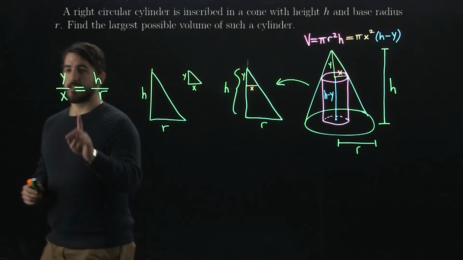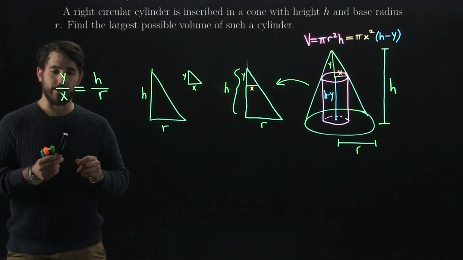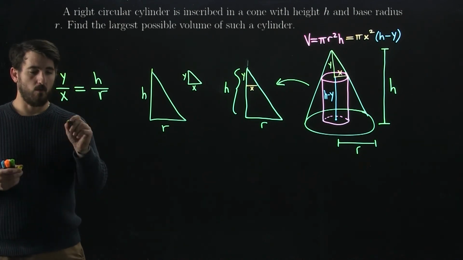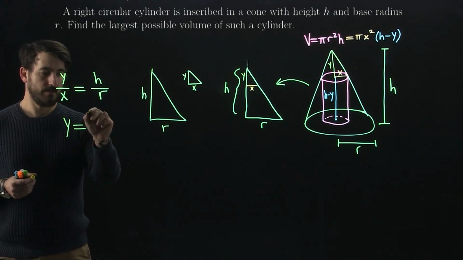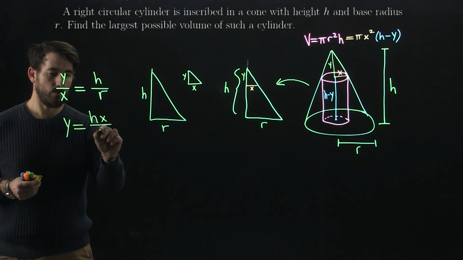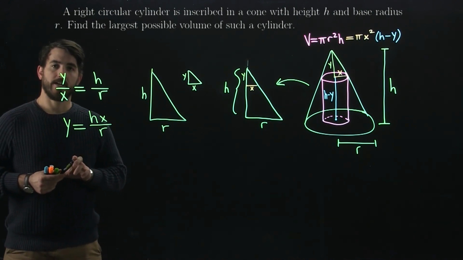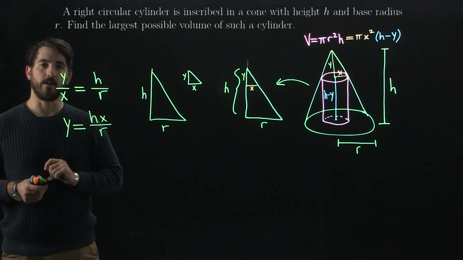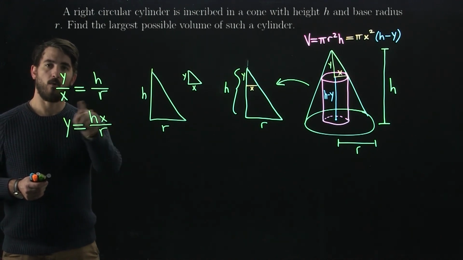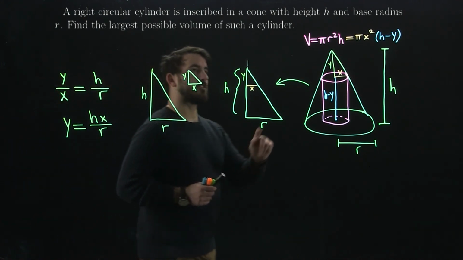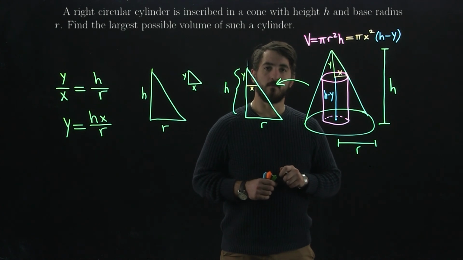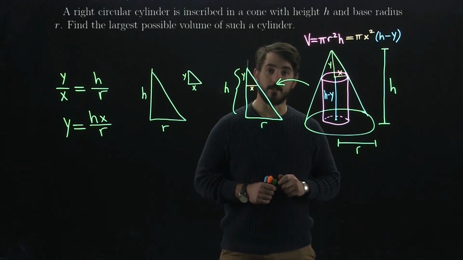So I could solve for y in this ratio, which would give me y equals hx over r. And so we will need this y value in order to complete this optimization type problem.